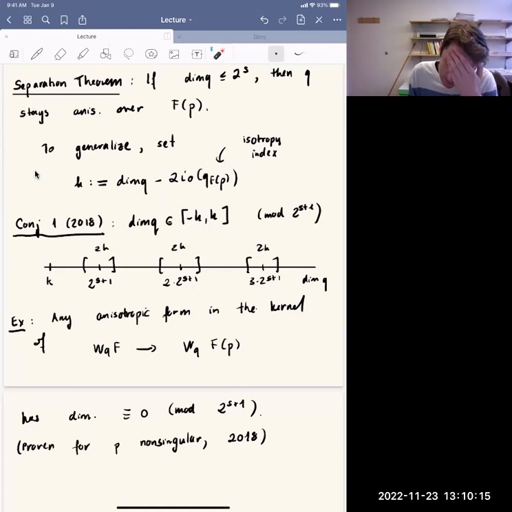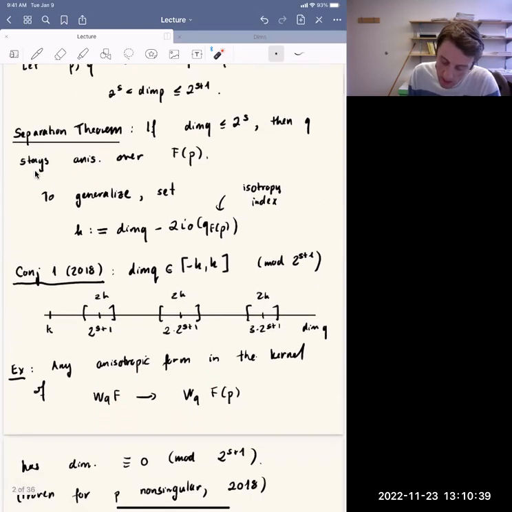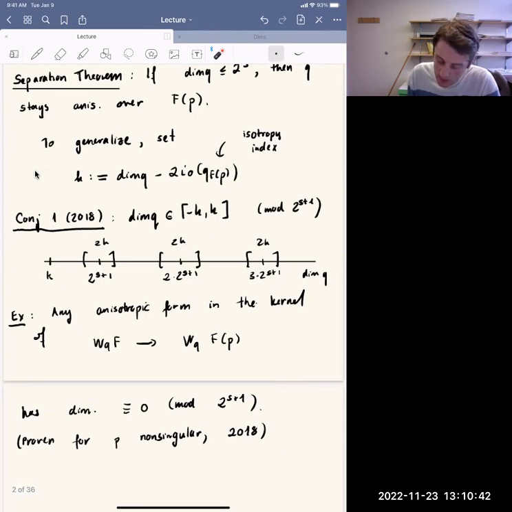And previously, all that was really known there is that the low dimensional elements in the kernel, specifically elements of dimension less than or equal to 2 to the s plus 2, are Pfister forms. That's an old result by Fitzgerald. But there was certainly no known statement which would link some results about the kernel here to something like the separation theorem. So this conjecture provides such a link.